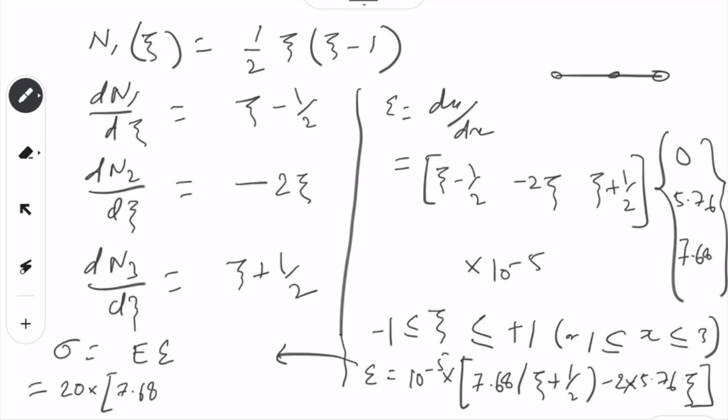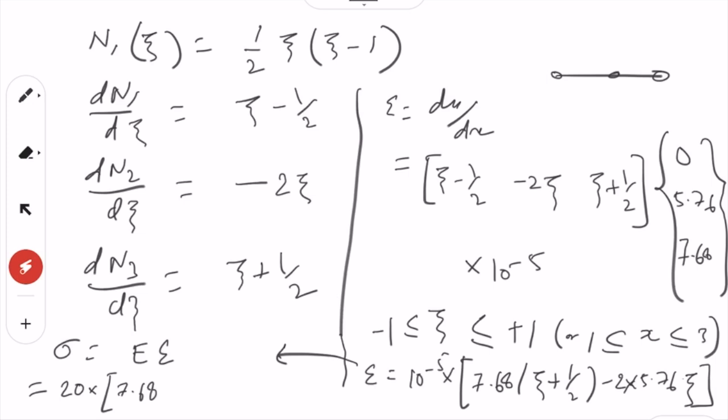This also you can work out, the exact value you can find out. So you can see here this is 20 here, 7.68 xi, and you have this one minus this much. So accordingly we can work out how exactly it is doing.